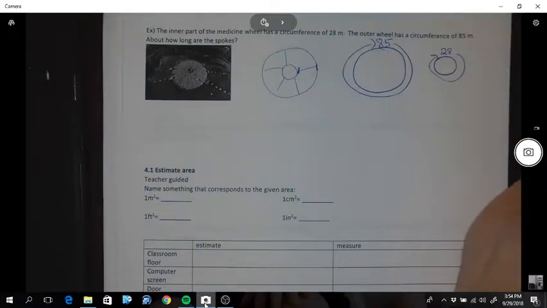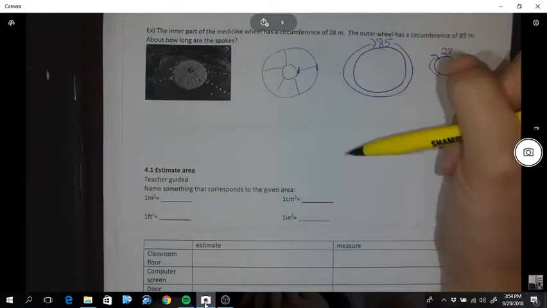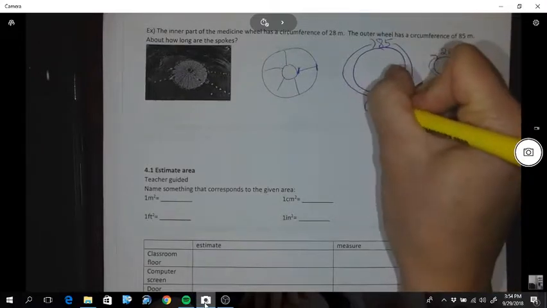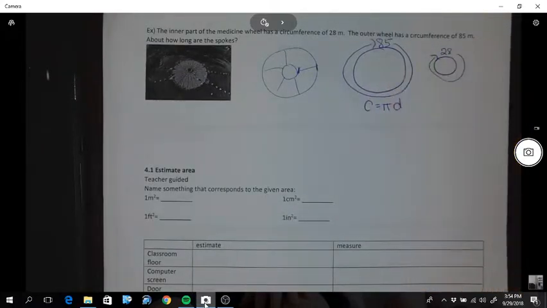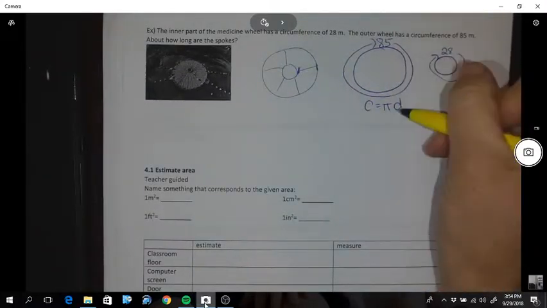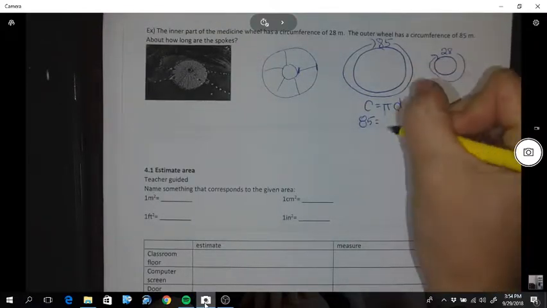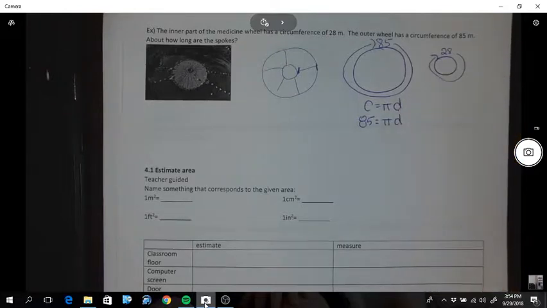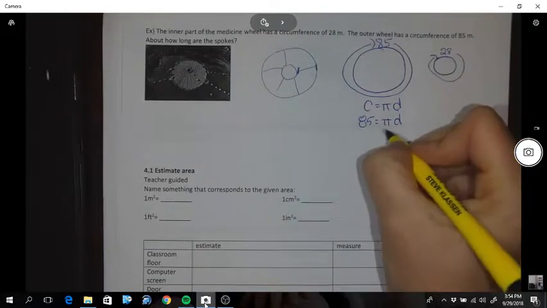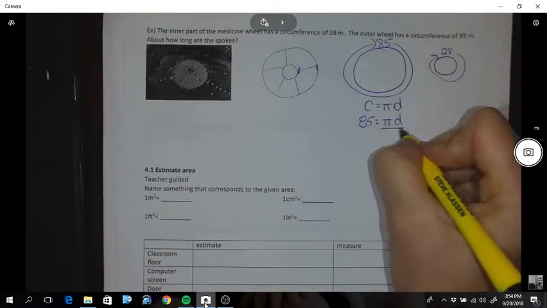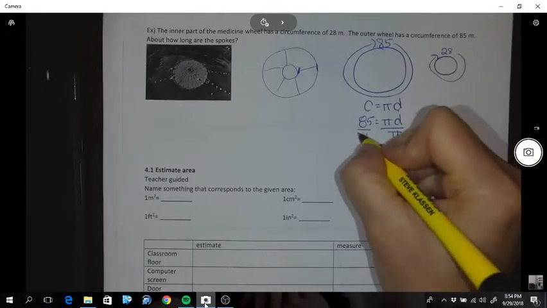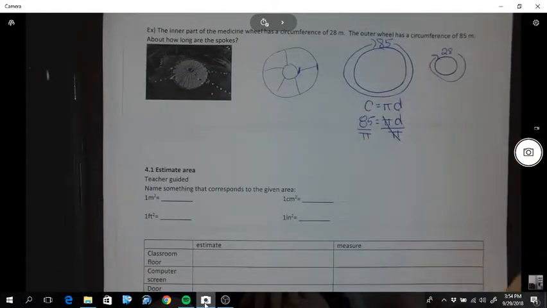So this time I have circumference and I'm working backwards. So let's use that formula. Circumference equals pi d. This time I don't know the d, I know what the c is. So in this case, I would not times by pi, I would divide by pi, because algebraically that's how I'm isolating the d.